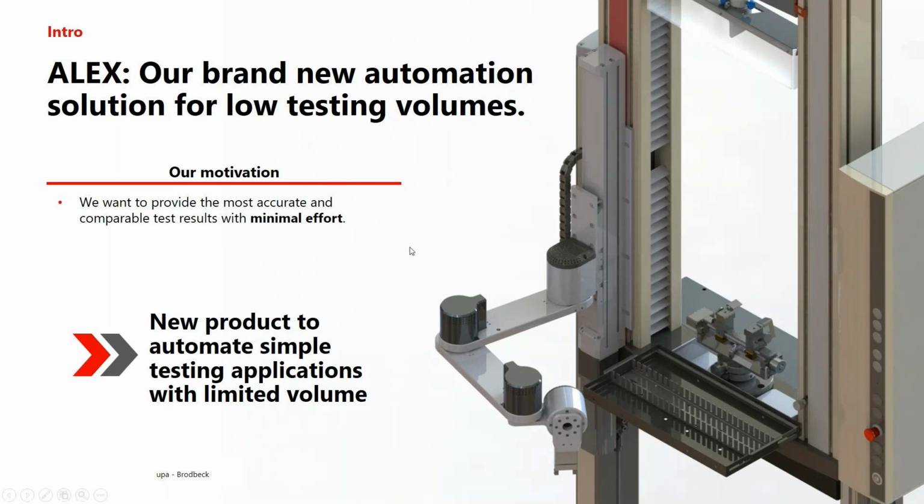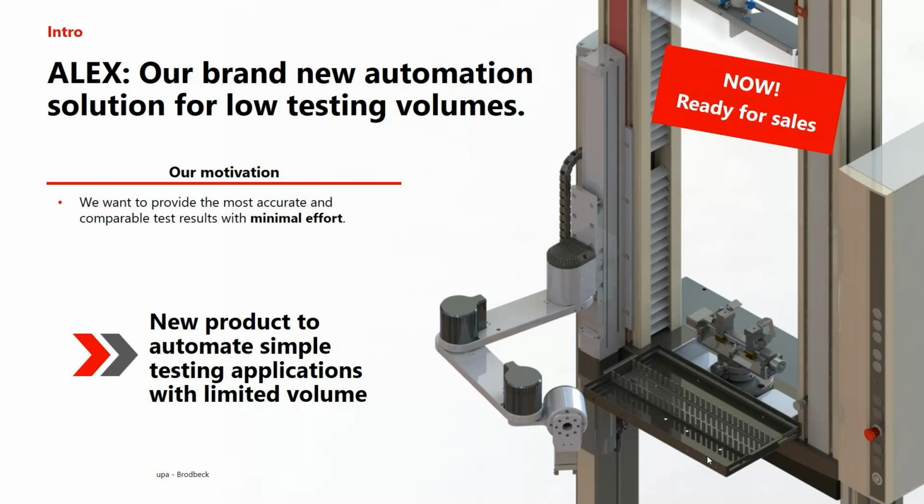What it consists of: you see the testing frame, and then you're going to see some robot axes. All of these black covered bulbs are the motors, and we have a compact magazine rack. So at the end, the space required for such a system is very similar to the space the operator needs.